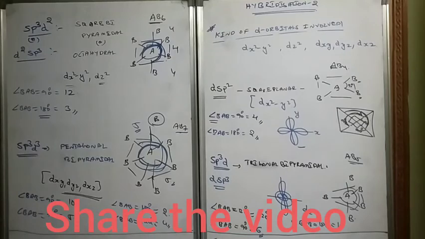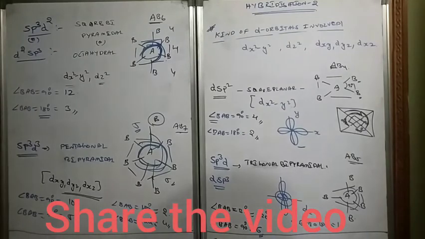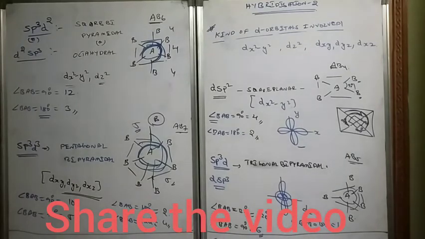This is a very important one, ma'am. Which orbitals are involved in hybridization? What will be the bond angles between them? This is a very important chapter.